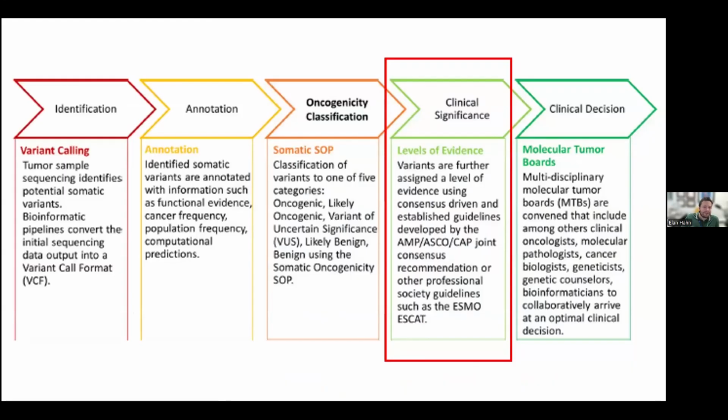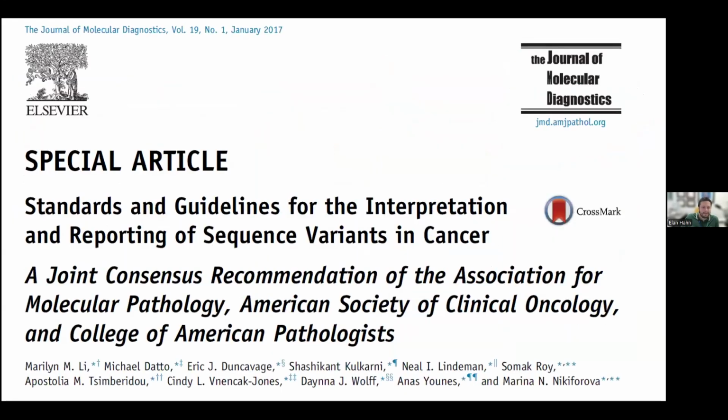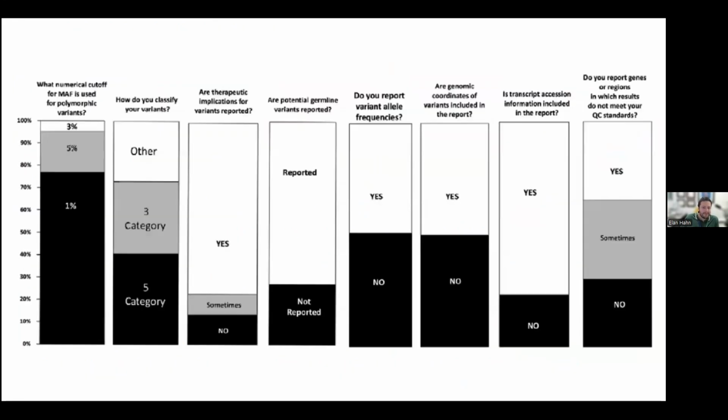So now we'll move on to determining the clinical significance of variants that are detected. And this was an article in 2017, which the Association for Molecular Pathology, ASCO, and CAP put together.